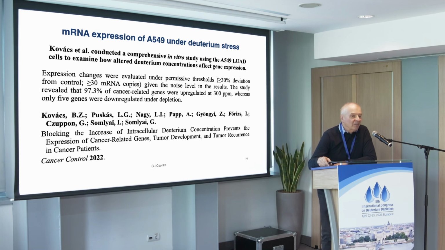Another paper which was very interesting for this study was the messenger RNA expression of A549 under deuterium stress. They used a simple permissive threshold to overcome the measurement noise, because the measurement was noisy. It was a NanoString measurement, rather noisy, but they measured in duplicates.